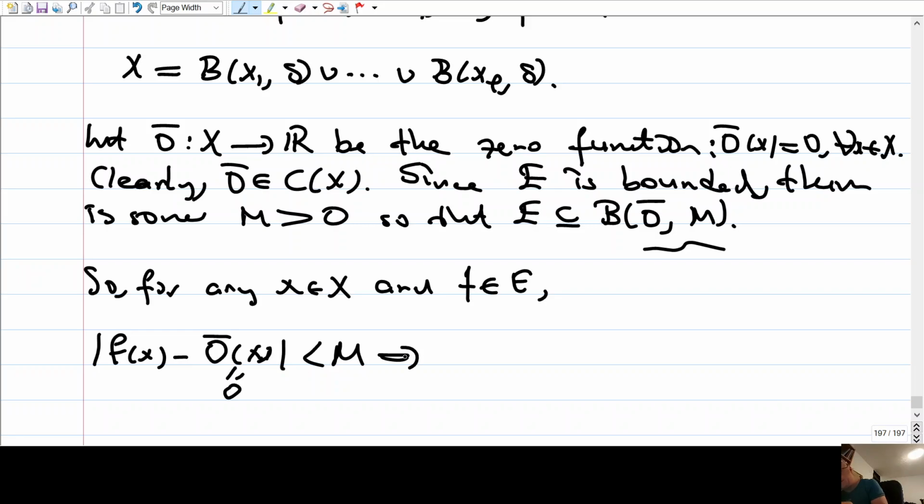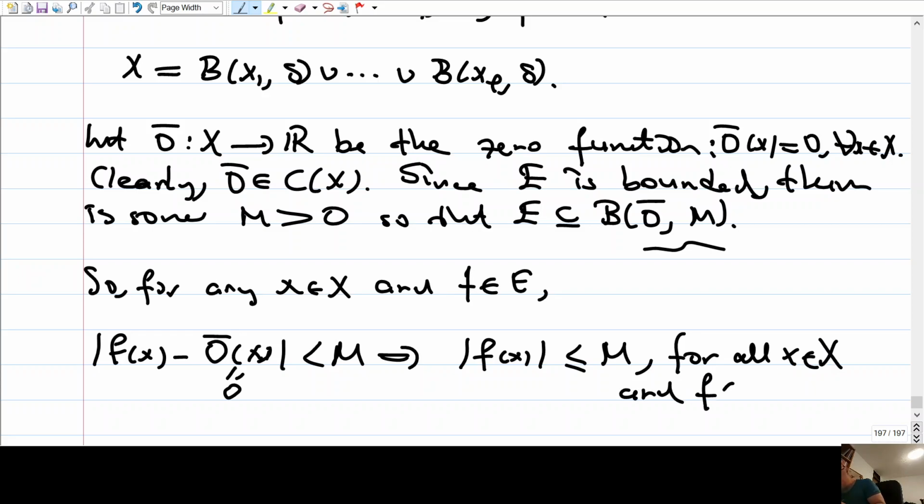So this means the absolute value of f of x is less than m, for all x in X and f in E. So that's the conclusion.